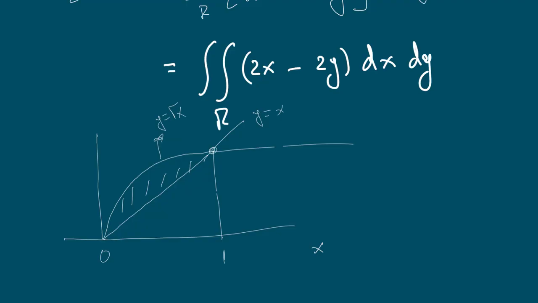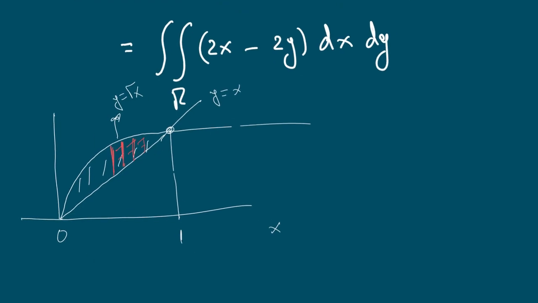So we will do it in vertical stripes. In a vertical stripe, we will divide the figure in a stripe like this, and we move the stripe to cover the whole elements. So let's go to do it.